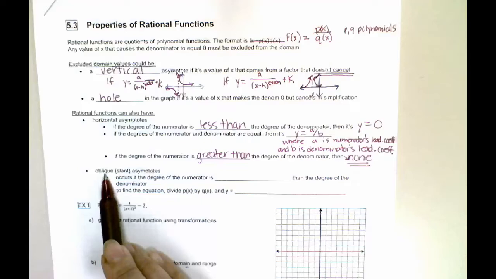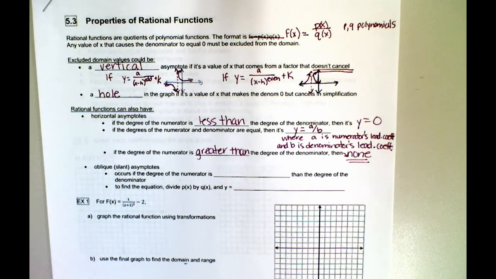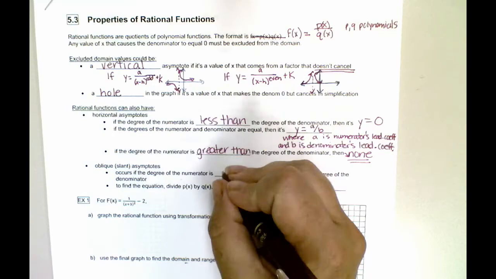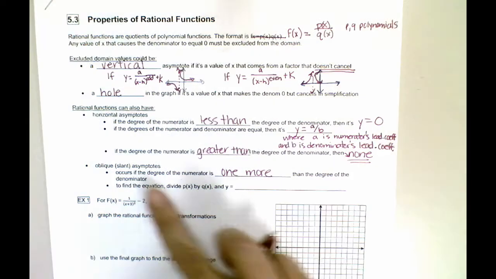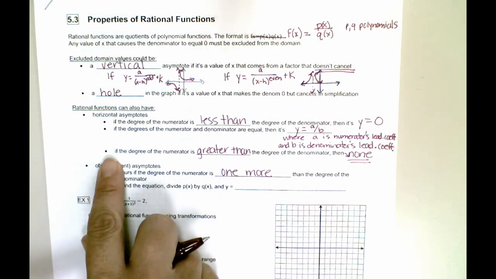These two terms mean the same thing. I believe that our text uses the word oblique, but slant means the same thing. So if you were taught in, let's say, pre-calc, and I think the text we use in the high school says slant, it means the same thing. First of all, this can only happen if the degree of the numerator is 1 more, which means we're only looking for slant or oblique asymptotes if there is no horizontal asymptote.